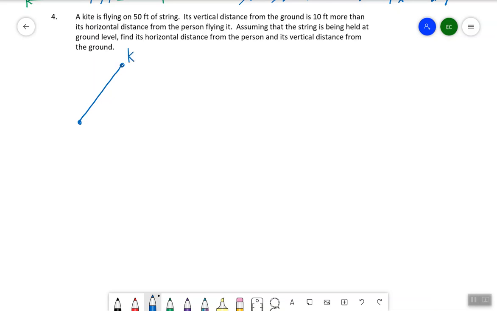I'll put K up here for short, for kite, and we know that this is 50 feet of string here, and we know that the vertical distance from the ground to the kite, that's the vertical leg that I just drew, is 10 feet more than the horizontal distance from the person flying it. That would be this horizontal leg over here.